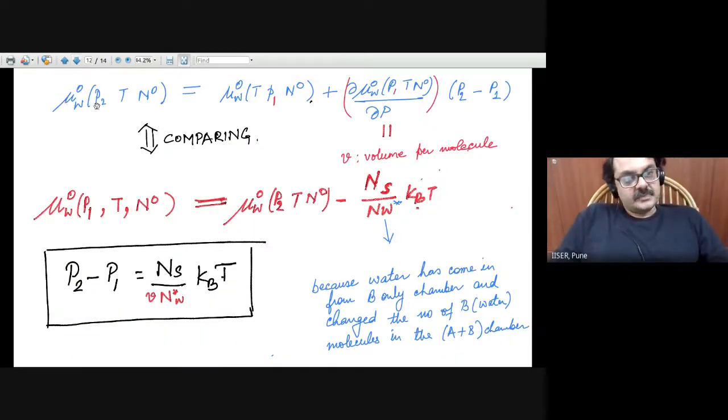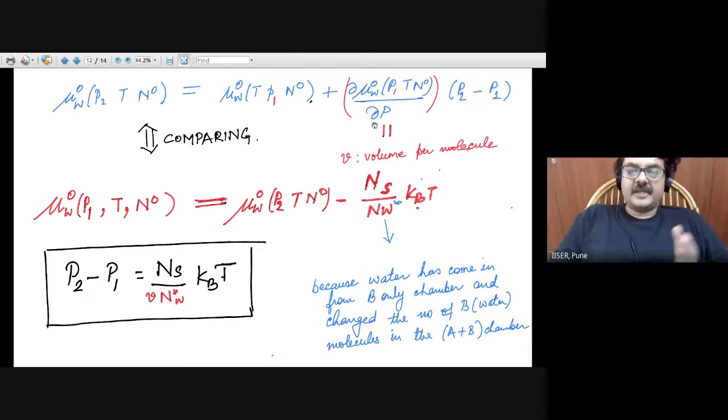Furthermore, using a simple Taylor expansion, the chemical potential of pure water at pressure P2, temperature T, and N0, because the entire lattice is filled with N0 water particles, B particles if you like, equals the chemical potential of pure water at pressure P1 with N0 particles, plus del mu del P calculated at P1, T, N0 times P2 minus P1.